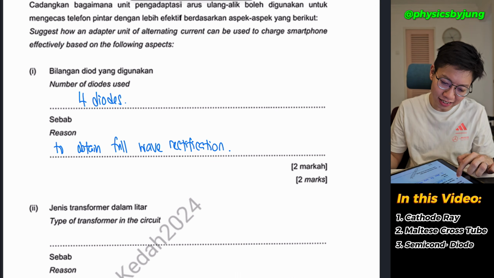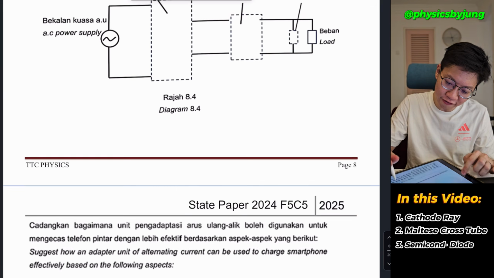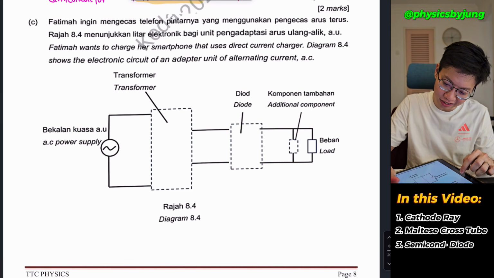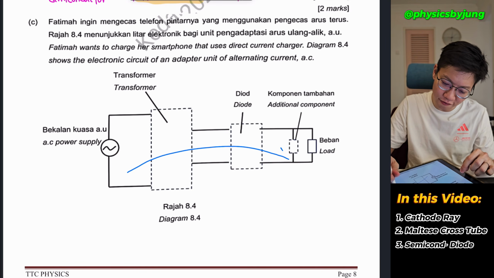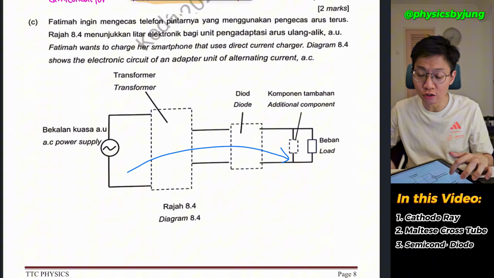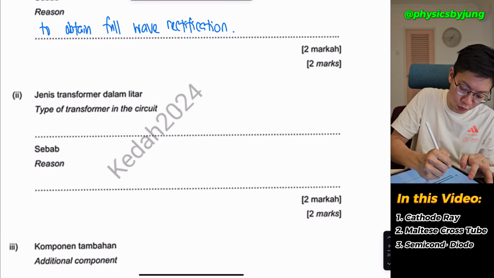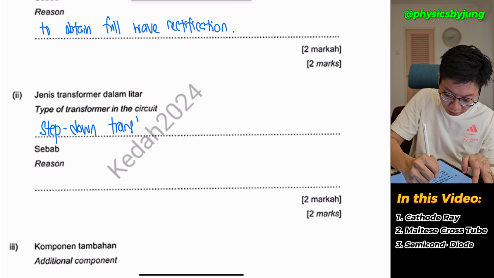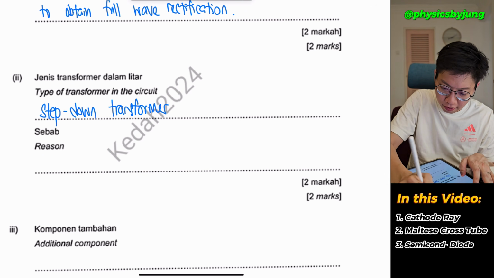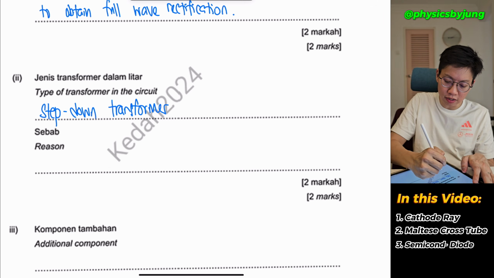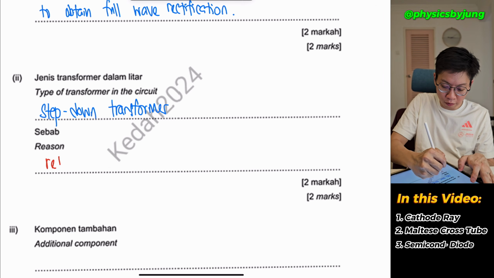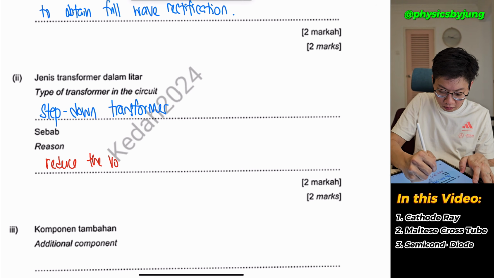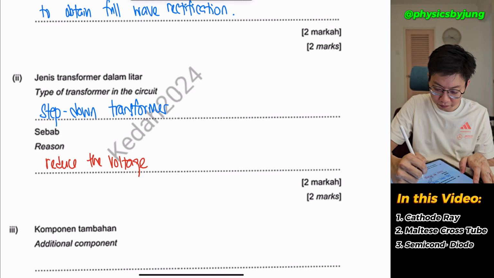Okay, now this is a smartphone you want to charge. Okay, as you can see, if you want to charge a smartphone, usually it is a decrease in voltage. So this will be known as a step down transformer, whereby what you do here is you want to reduce the voltage.